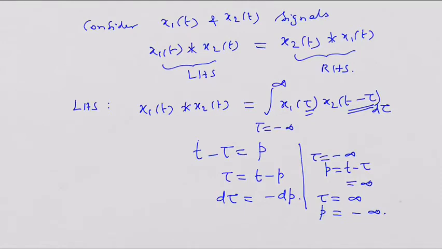When you make corrections, LHS can be written as the integral where p varies from plus infinity to minus infinity, x1 of, within braces, earlier tau was present, now tau is replaced by t minus p.